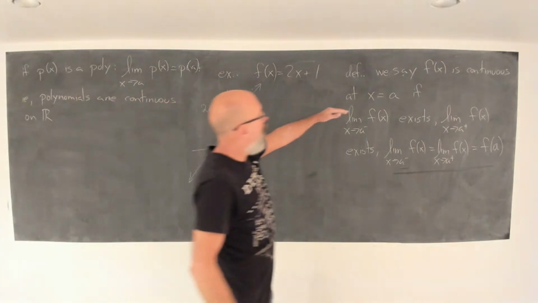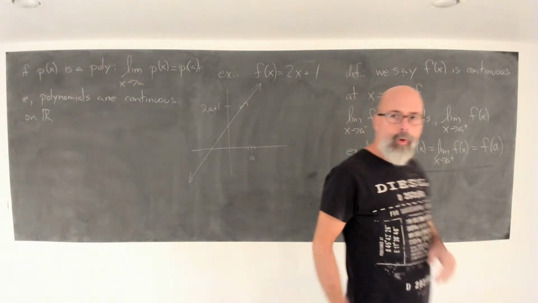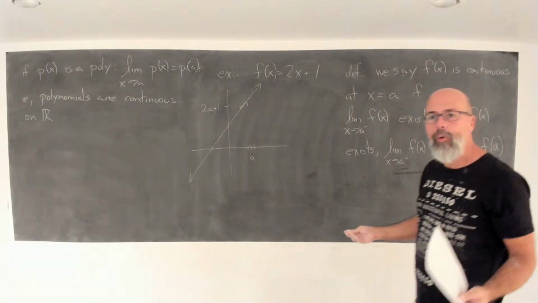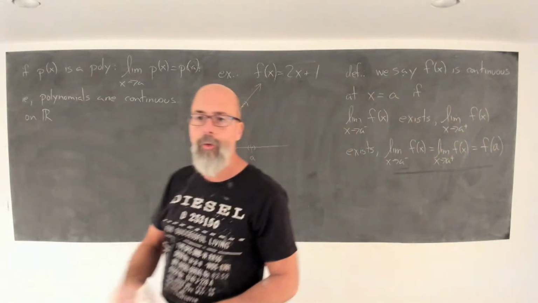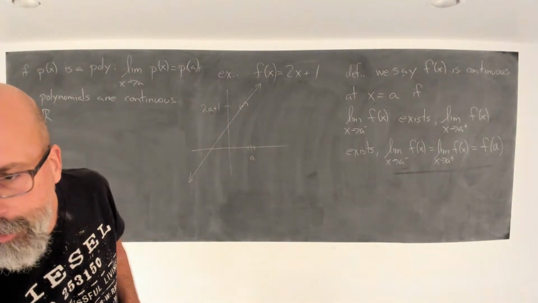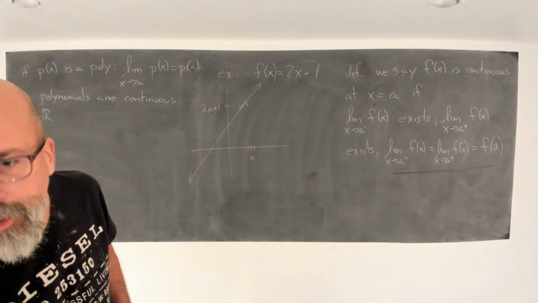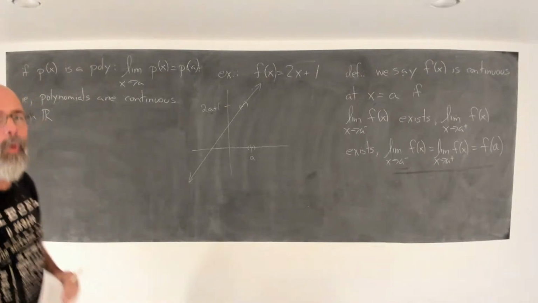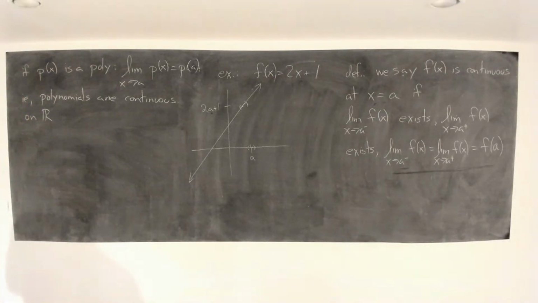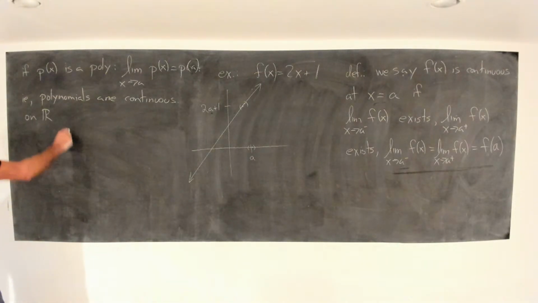Right? Here we have defined continuity at one point, and of course continuity everywhere means continuous at every single point. So polynomials are continuous.